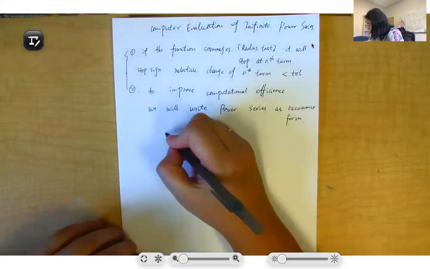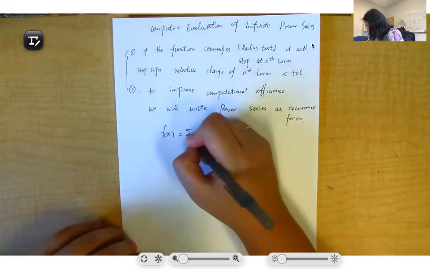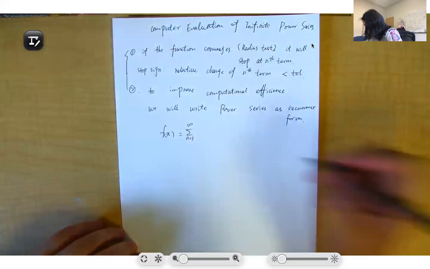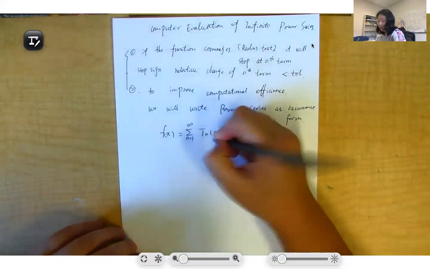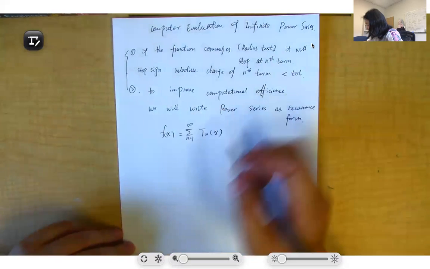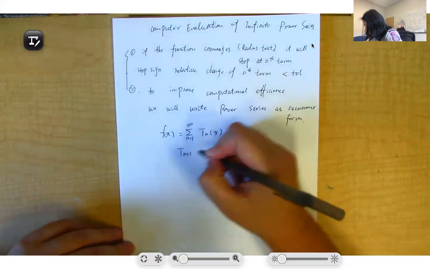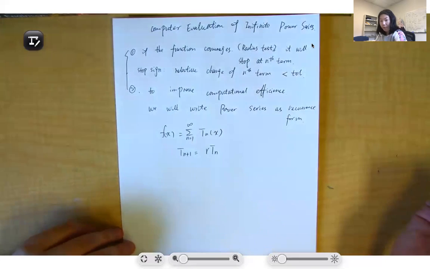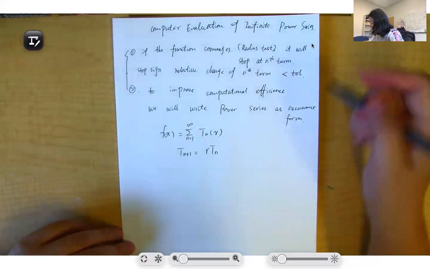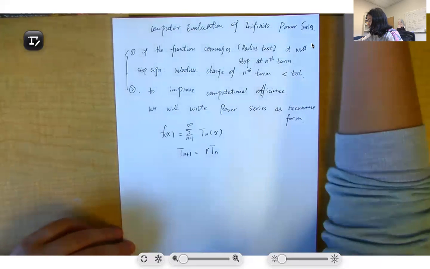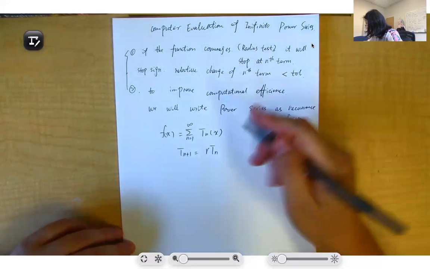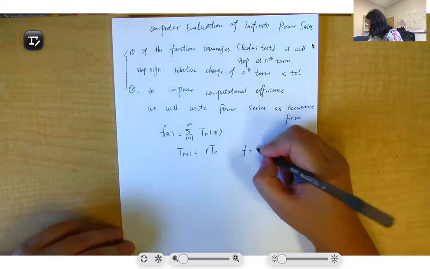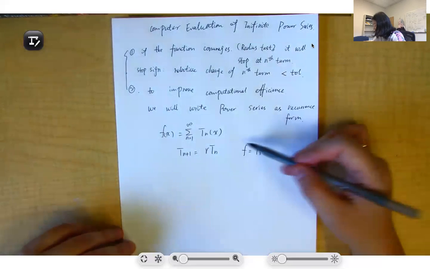Since our power series, for example, f(x) equals the sum from n equals 1 to infinity of t_n(x) for each term, the t_(n+1) will be a ratio times the n step. Then we will set, for example, the sum f equal to some number first, like t_1. That is the sum term.